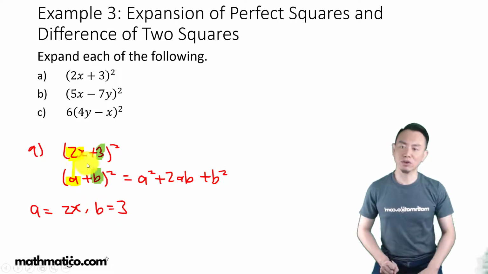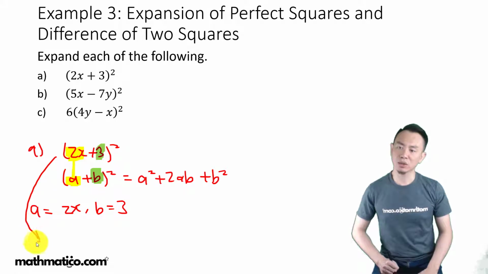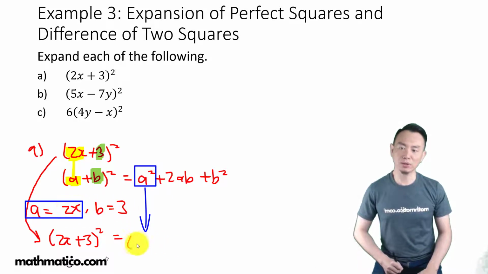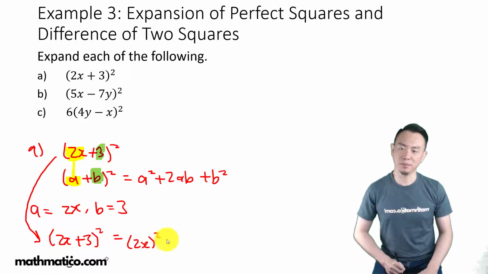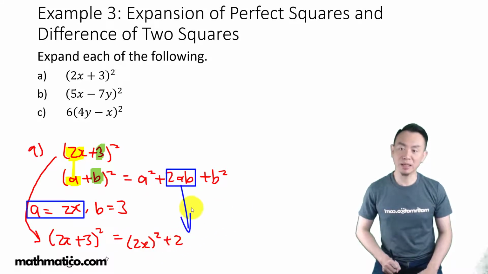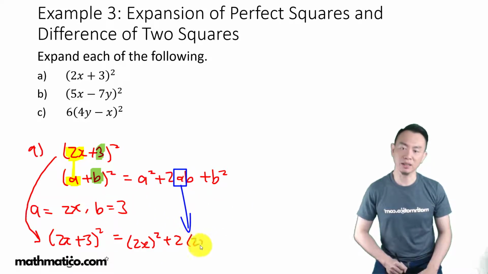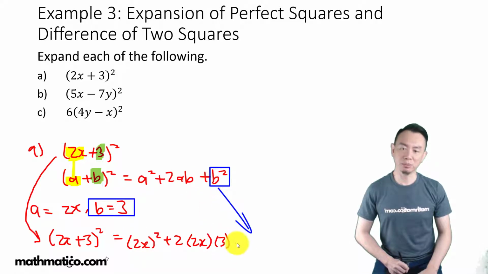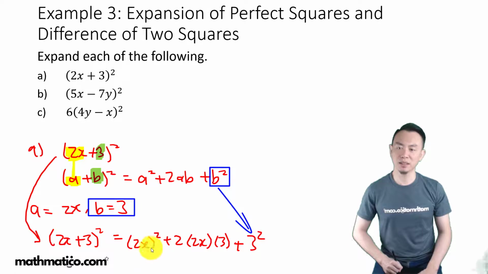So using this formula, we can straight away expand this to become a squared, a is 2x, so you have (2x) squared, plus 2ab, a is 2x again, b is 3, plus b squared, so plus 3 squared.